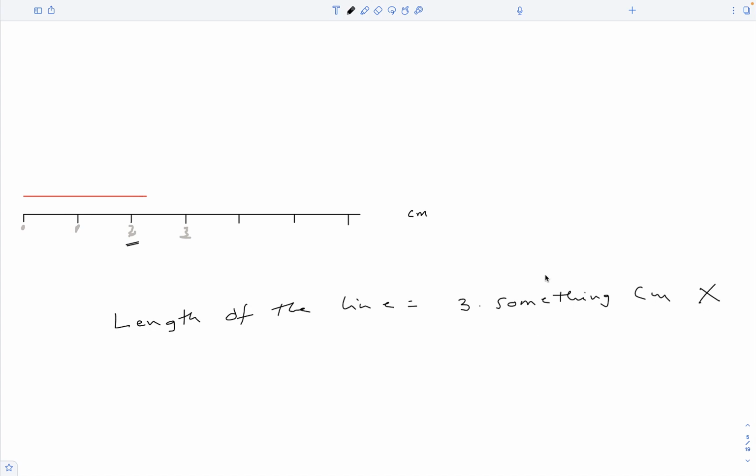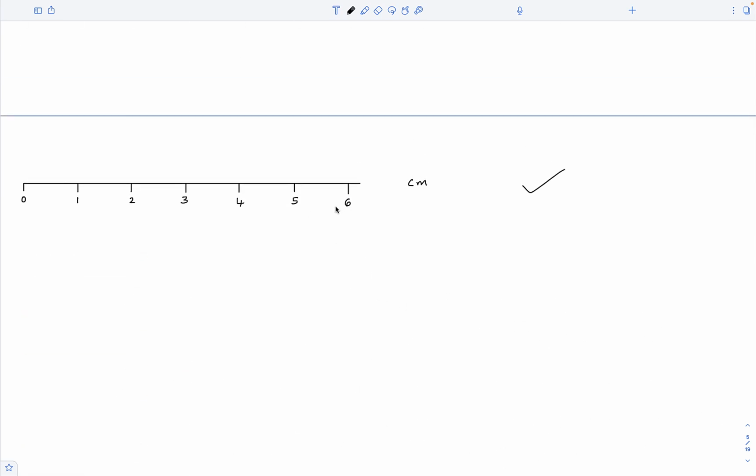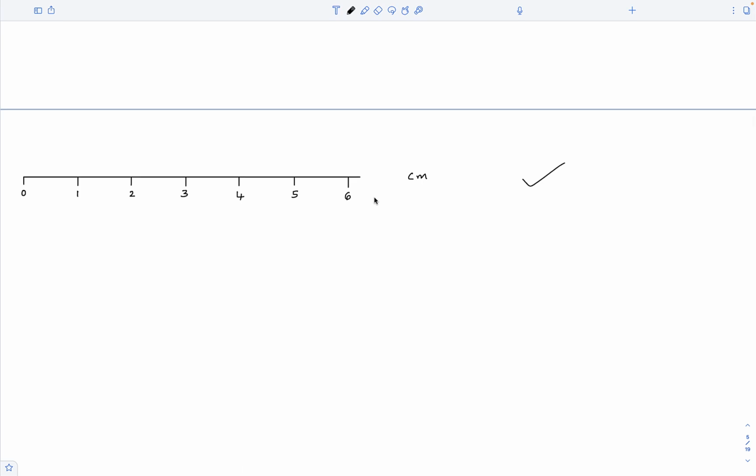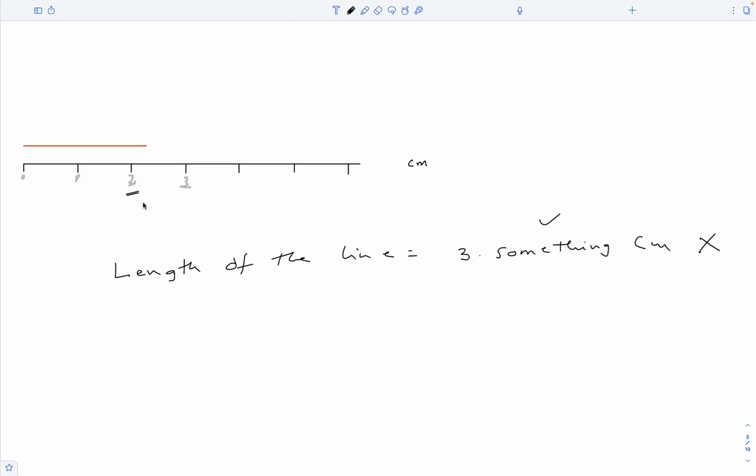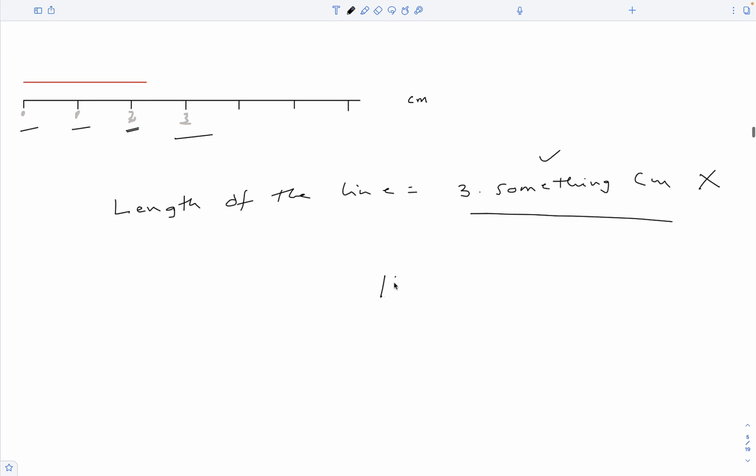But this error in measurement is not because of a defect in the scale. The scale is fine. But this is caused by a defect in my vision. I have a defective vision and I am not wearing my eyeglasses. So all these numbers are blurred. Therefore, I made a wrong measurement here. Such errors are known as human errors. And strictly speaking, these are not errors, these are mistakes.